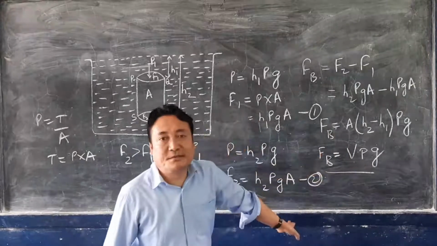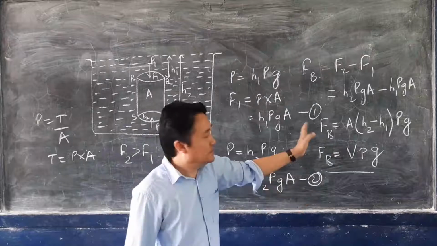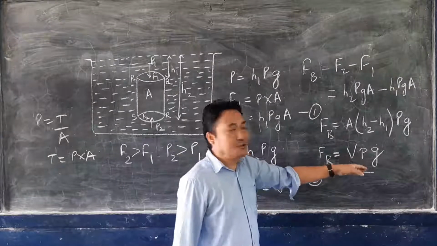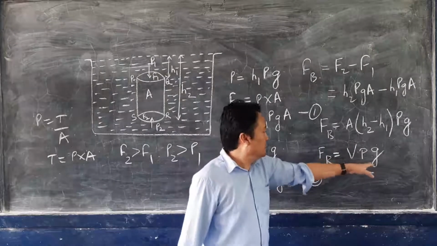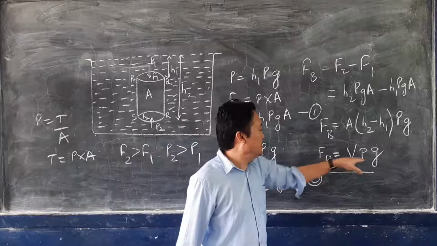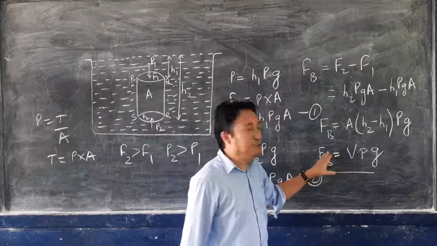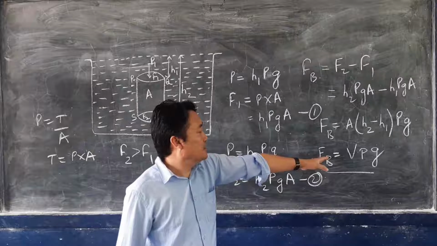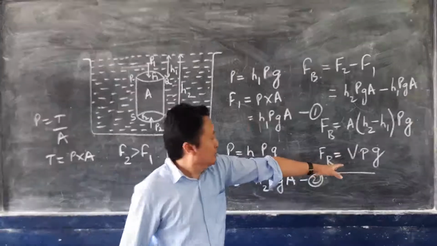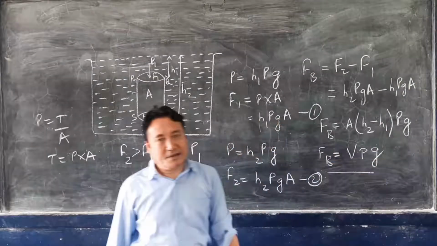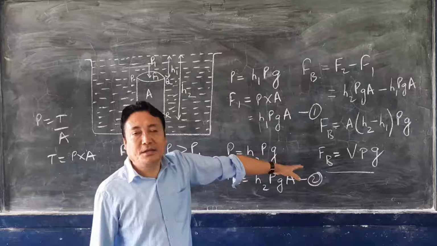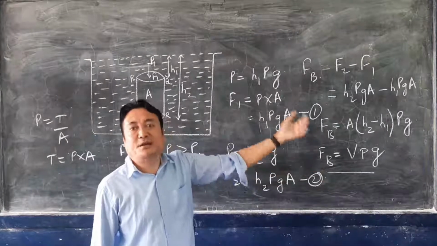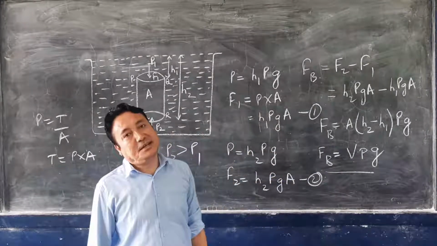Or if the upthrust is given and you are required to find the volume, then you can use FB equals VPG, or V equals upthrust divided by density and acceleration due to gravity. This is the main equation here, and from it we can find the upthrust as well as the density of the liquid.